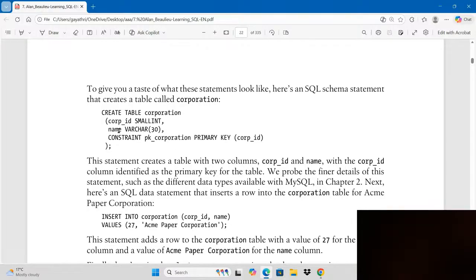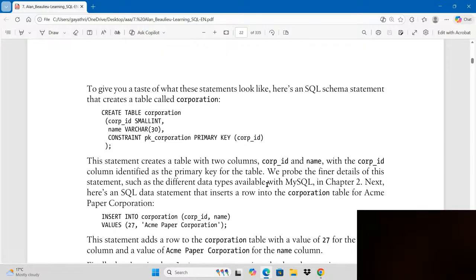These two are the columns, and this is the constraint. This statement creates a table with two columns: corporate ID and name, with the corporate ID column defined as the primary key. Here the constraint mentioned is primary key.